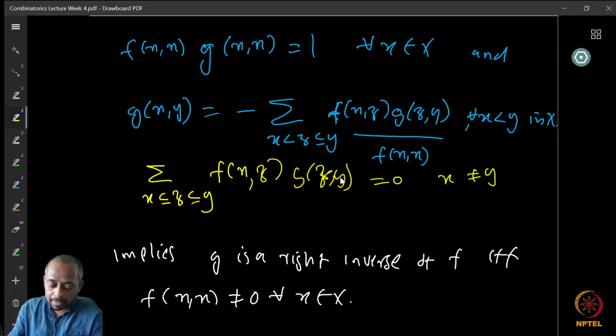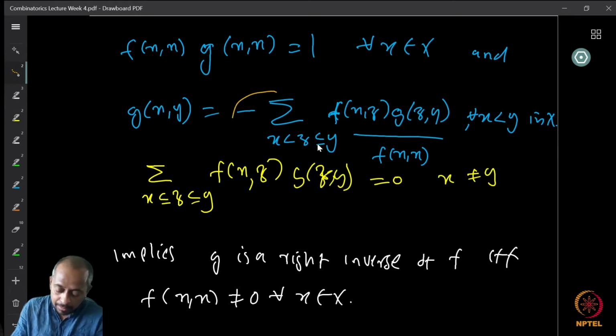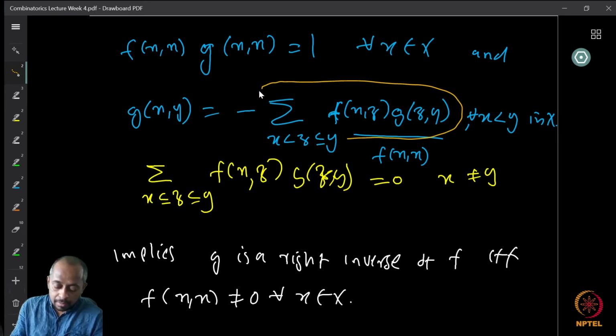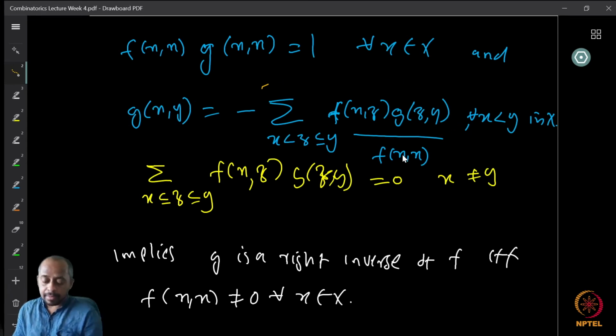The remaining thing is the summation over x less than z less than or equal to y of f of xz times g of zy, which you will have on the right side with the minus sign. So on the left side we had f of xx times g of xy, and you take that to the right side, and you will get g of xy to be this way.